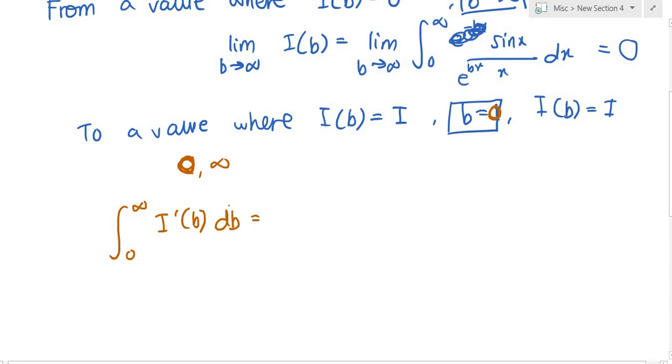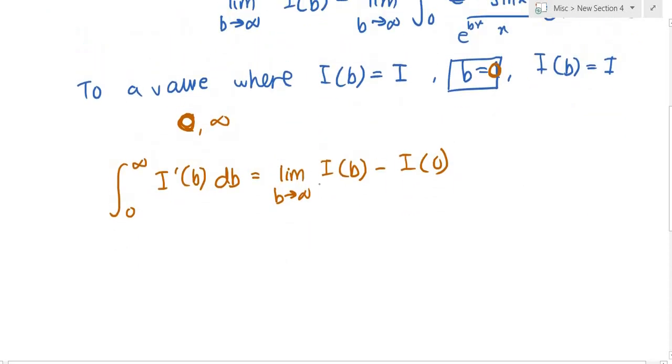And why did we select our upper and lower bounds of integration this way? Because by the fundamental theorem of calculus, in the end we're going to have the limit as b approaches infinity of I of b minus I of 0. Well, we know this goes to 0 and this is our I, so we have negative I finally.